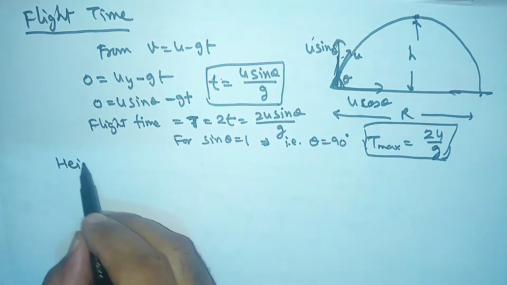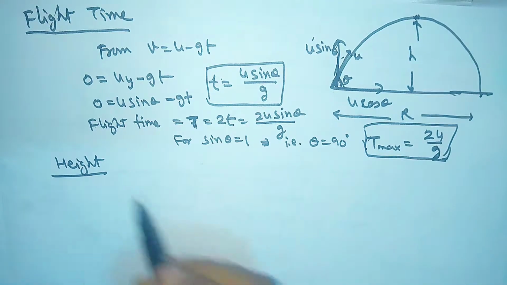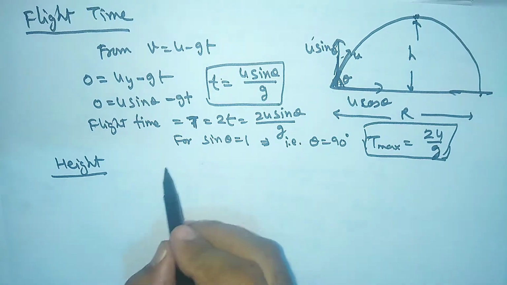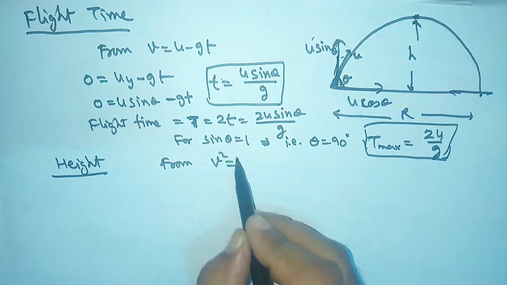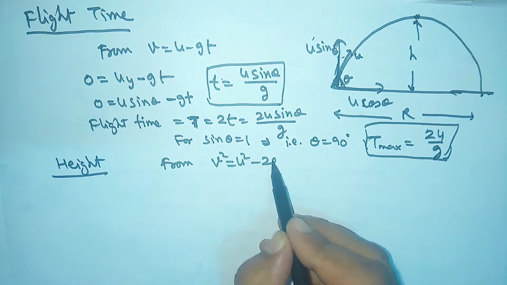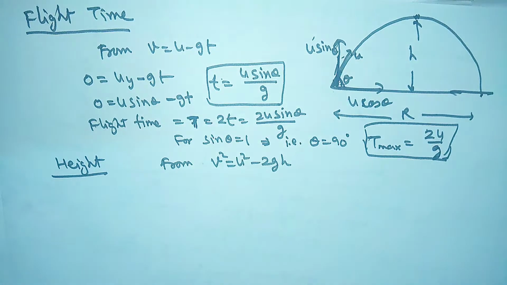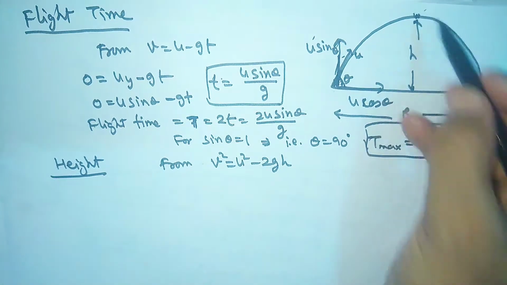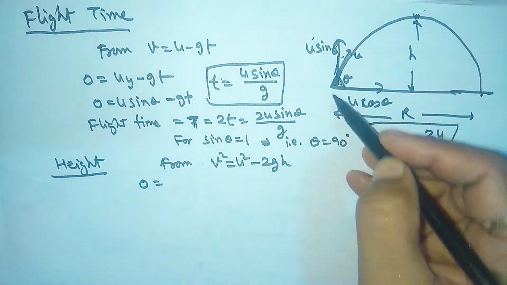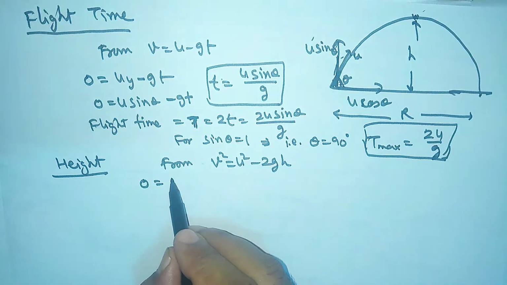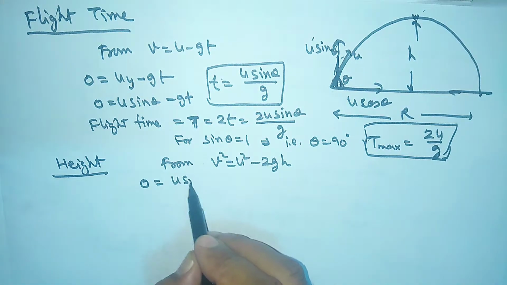So see how we can find the formula of height of the projectile using the third equation of motion, v square is equal to u square minus 2gh. So at the highest point v is 0, and the initial velocity with which it is moving in upward direction is u sine theta.